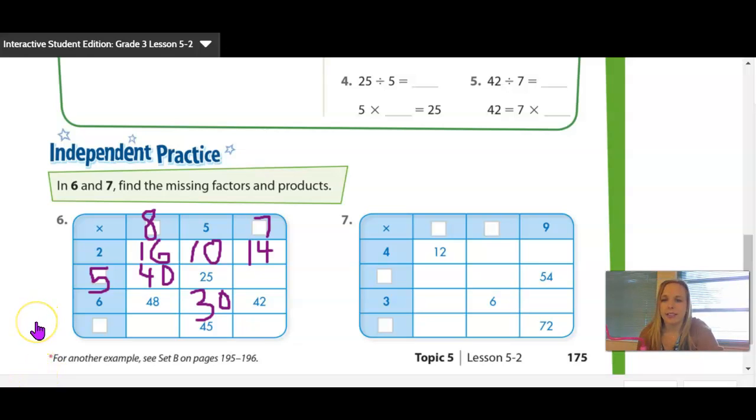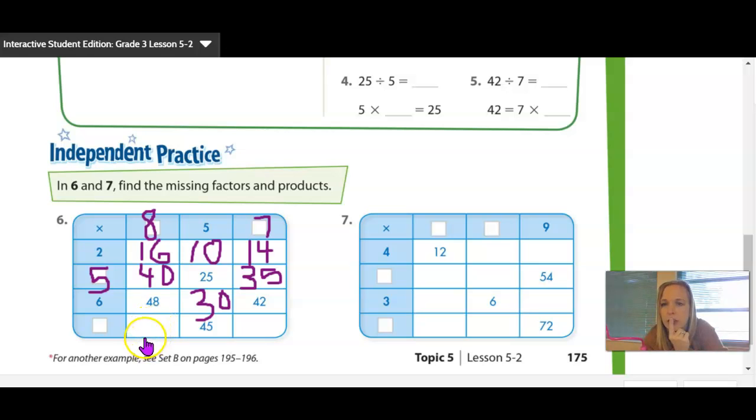Okay, so now let's see what else I can do. I have a blank here. Oh, but I have both my numbers. I have a 7 and a 5. So 5 times 7 equals, what does that equal? 35. If you said 35, you're correct. Alrighty, what else can I do?